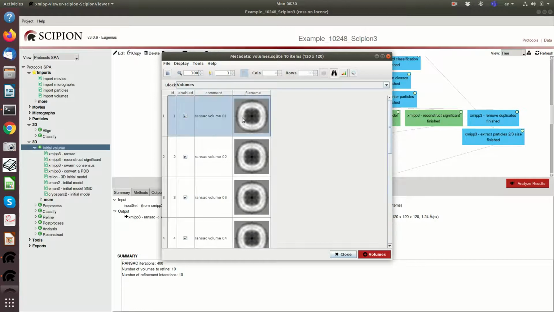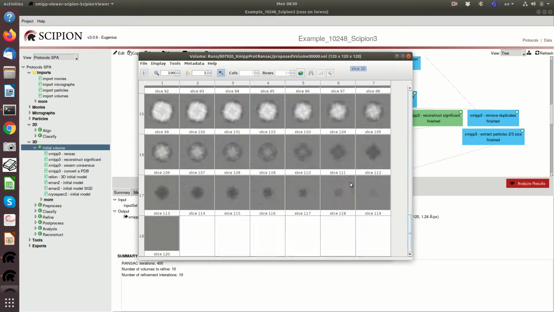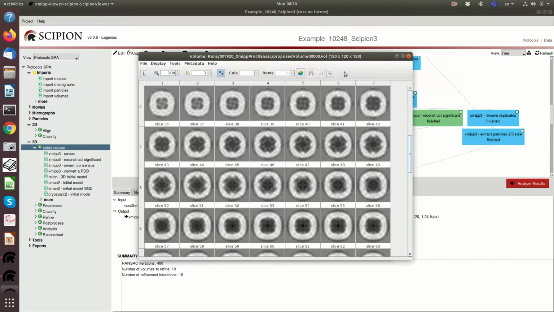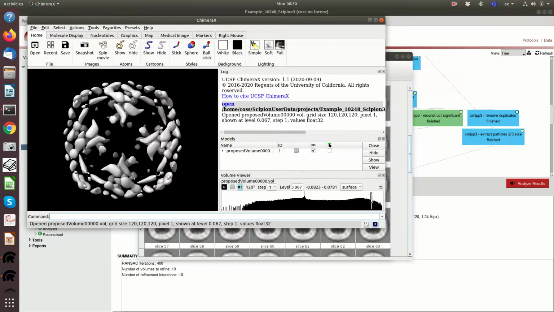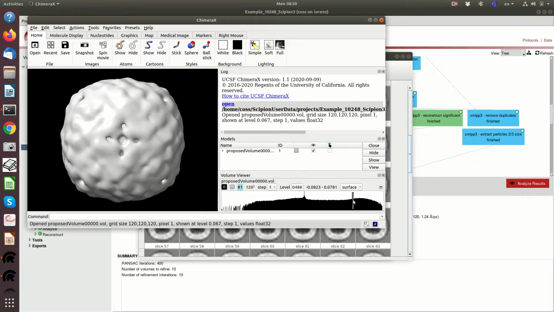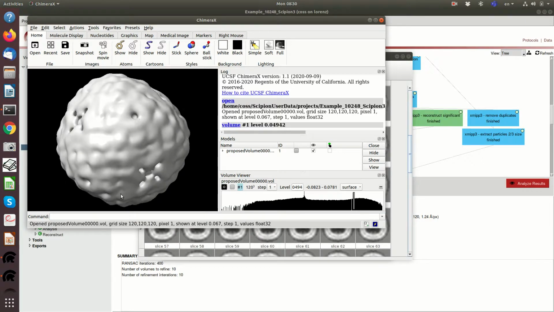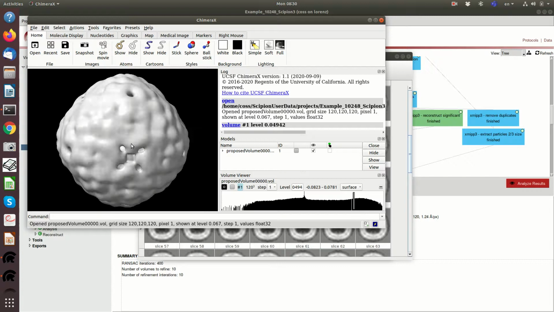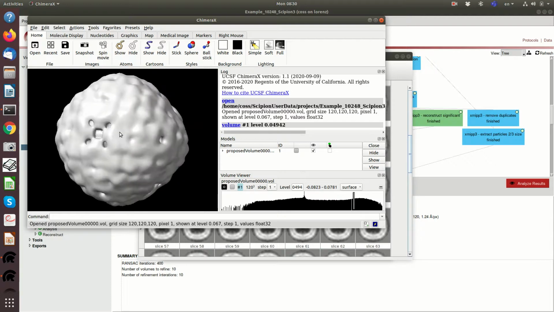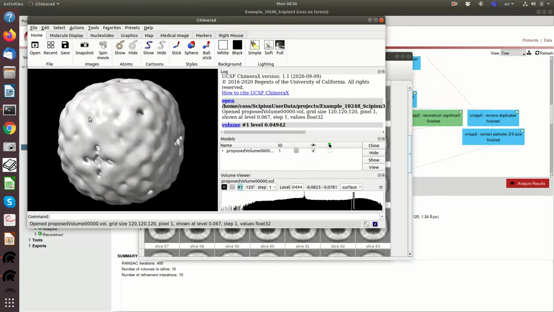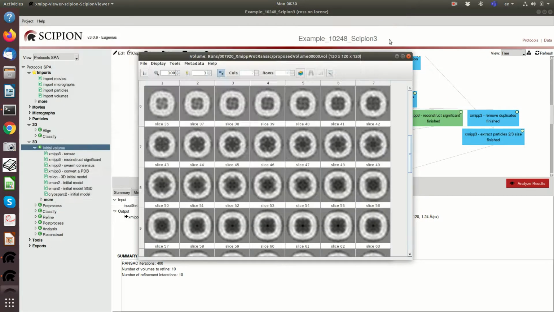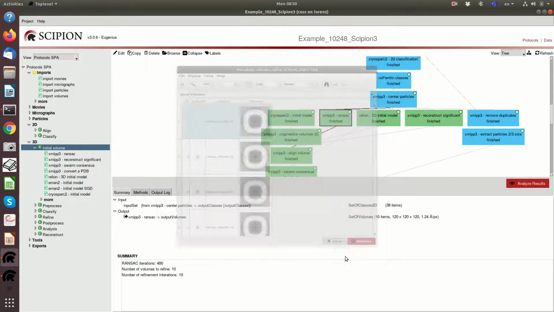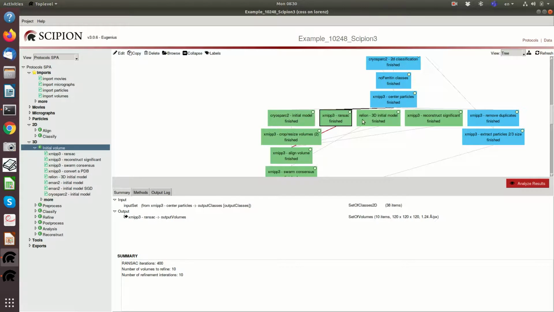Sometimes it is hard to say whether it is a good one or not. For some reason it didn't like the cryoSPARC one. It is not too bad, but it is not really the structure that we are looking at.